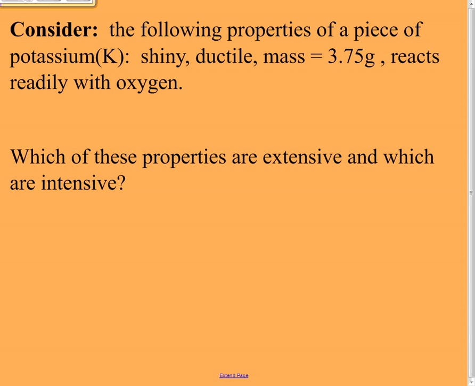Let's give it a shot. Remember, extensive properties relate to amount. Intensive properties relate to type. Good. Shiny. Does the shininess of potassium change with the amount? The answer is no. A little 5 grams of potassium has the same shininess as 1,000 grams.